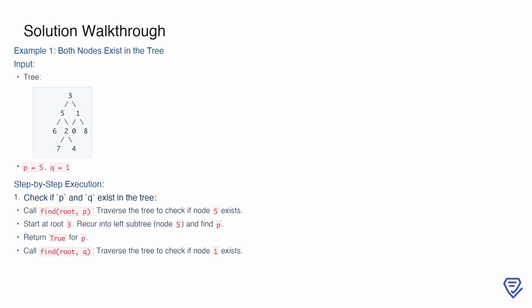We traverse into the left subtree and find node 5, confirming that P exists. The function returns true for P. Next, we repeat the process for Q, node 1. This time, we start at the root again and traverse into the right subtree, where we locate node 1. The function returns true for Q. Since both nodes exist, we can move forward to finding their lowest common ancestor.